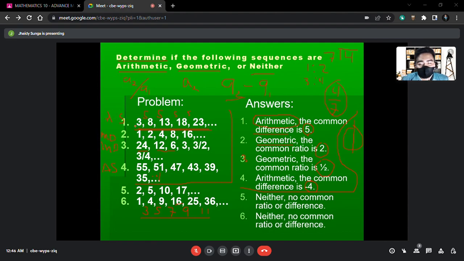On the other hand, there's the arithmetic sequence which has the negative 4, which we could see is decreasing, right? From 55, it turns out to 51, then from 51 to 47, and so on.